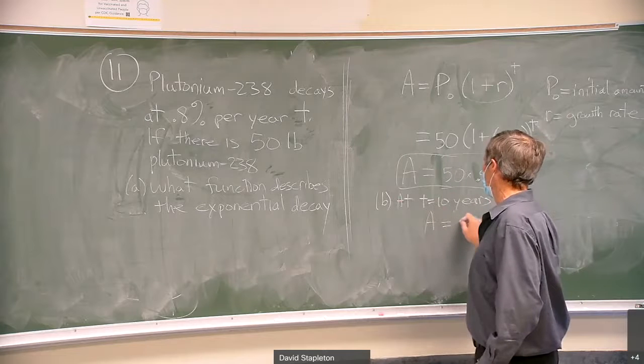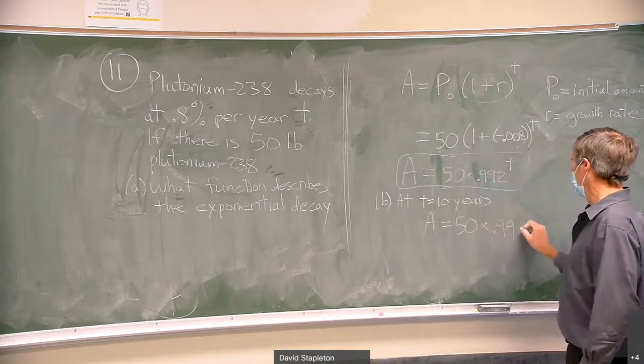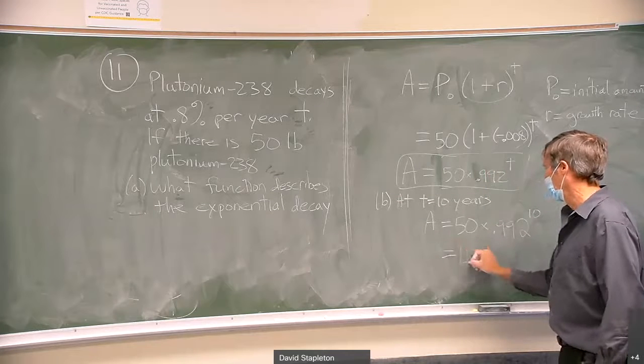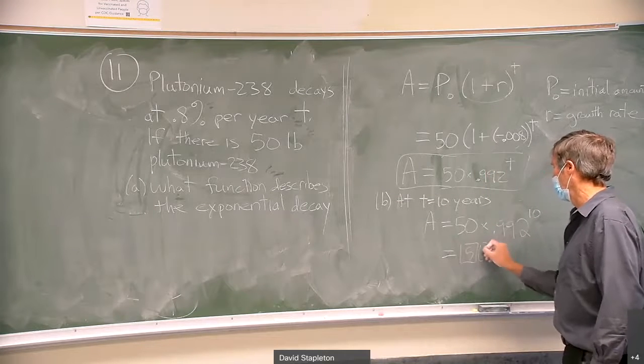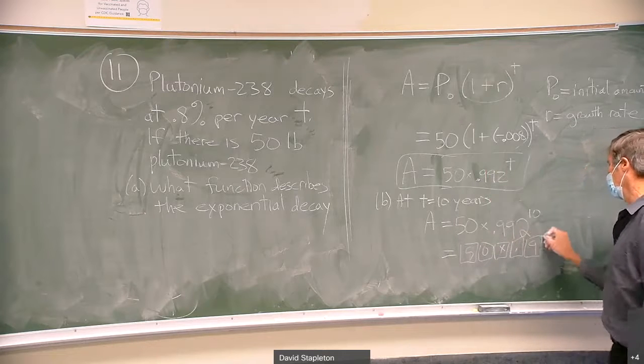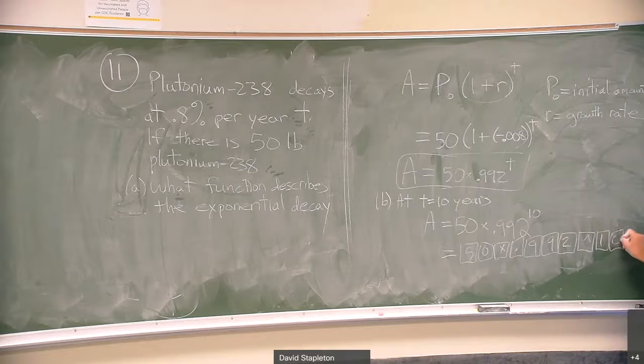Get the amount is 50 times 0.992 to the 10th. And on the calculator, it's 50 times 0.992 caret for power 10. Enter to evaluate it.